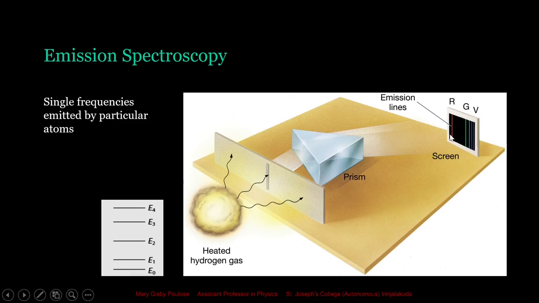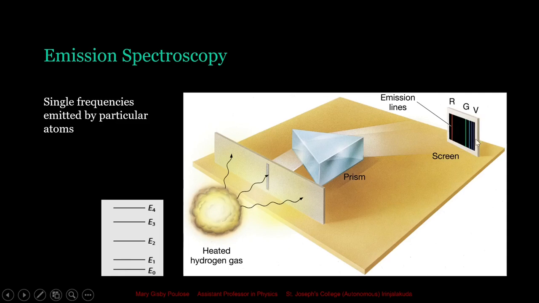Now this red line represents that its wavelength is of the higher order, and in terms of frequency it will be low, right? So in the energy level spectrum, E is equal to h into nu, the frequency. That means the atoms in the lower first or second energy levels are de-excited to the ground level, and those emissions are represented by the red line.